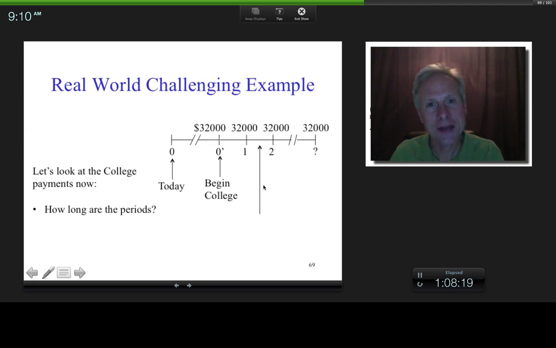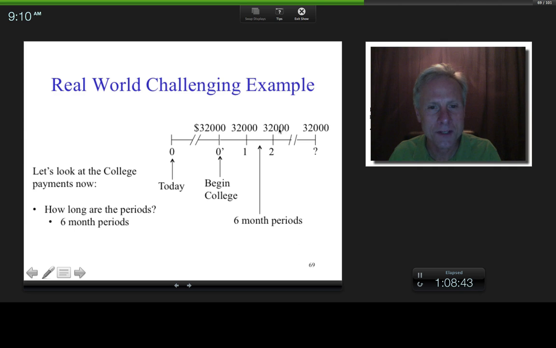So let's look at how much they're going to have to pay. Here's today. Here's 0 prime when Sarah begins college. We made the assumption that college would cost $32,000 paid in advance. So the day that Sarah starts college, they have to pay out $32,000. And then how often are they paying out $32,000?